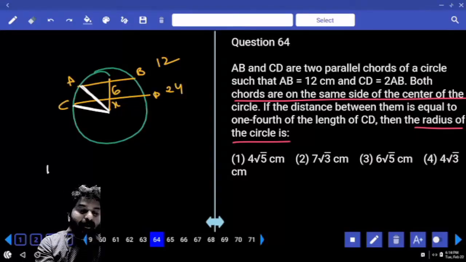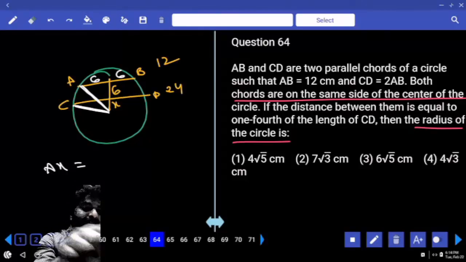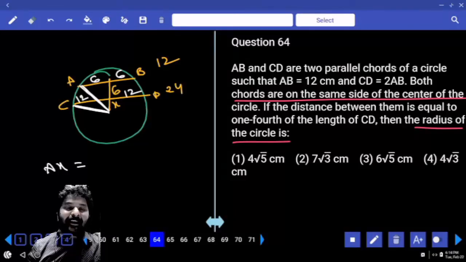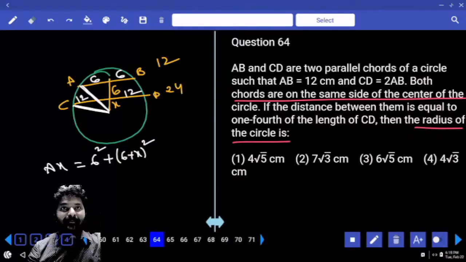So now AX, that is radius, which is equal to, see, AB length is equal to 12, then that is divided into 6 and 6 only. CD is equal to 24, that also divided in equal parts, that is 12 and 12, correct? Now AX square, that is equal to opposite side square plus adjacent side square. 6 square plus 6 plus x whole square.